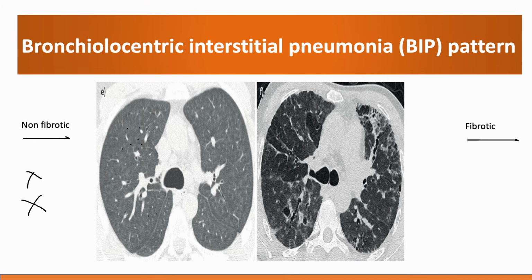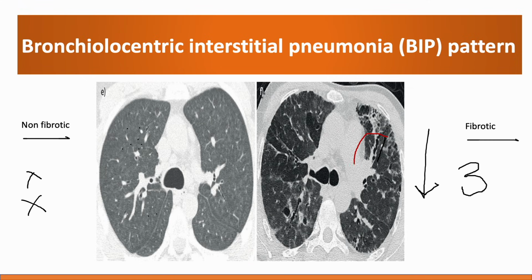Coming to fibrotic BIP, again, usually diffuse, axial and craniocaudal distribution. So, craniocaudal, diffuse, and the classical signs like the three density sign, which has multiple regions of the lung, some with increased density, some with normal density, and some with decreased density, happening along with the reticulation and the traction bronchiectasis.